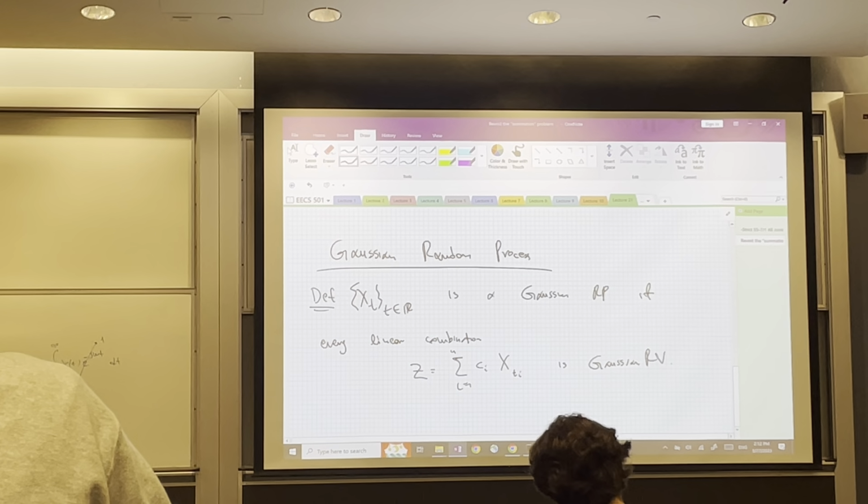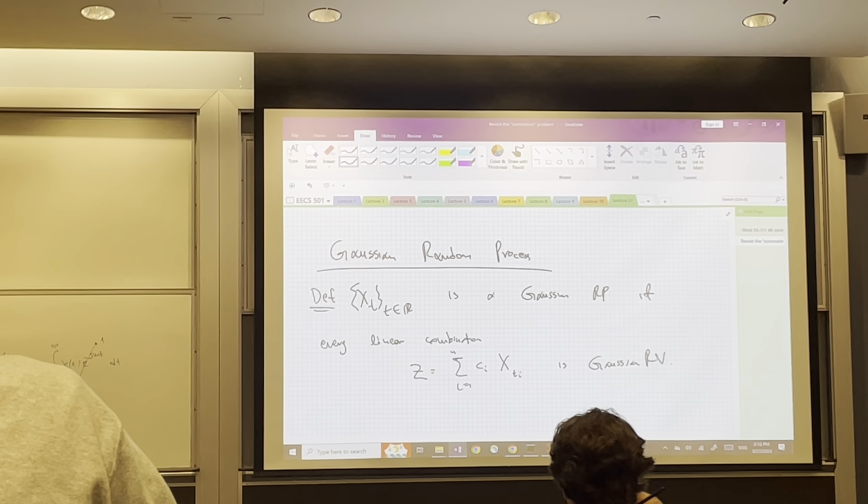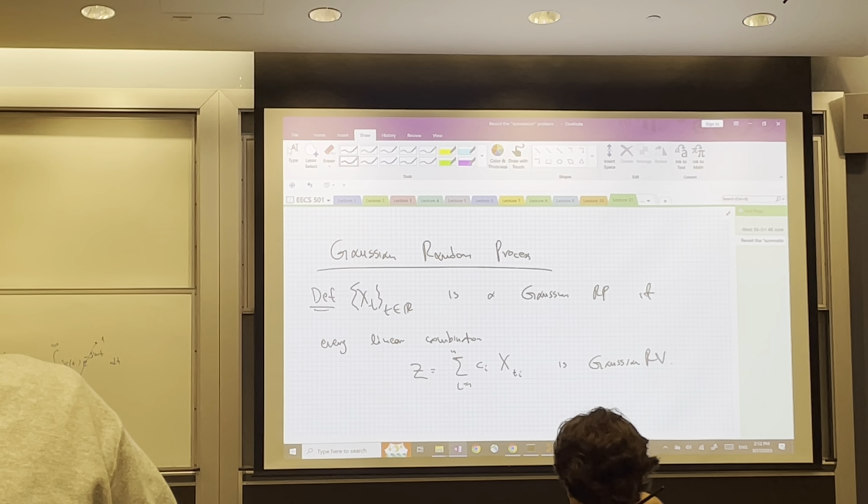What does that say? X of t is a Gaussian random process if any time I pick n samples out of this random process, any n samples I pick, no matter what n is, 1, 2, 3, 100, a million, finite, at any points t1, t2, t3, all the way to tn, these random variables are jointly Gaussian. That's another way to say that.